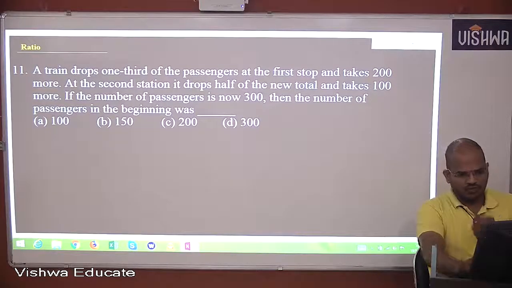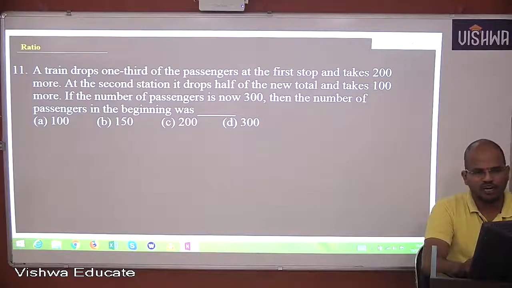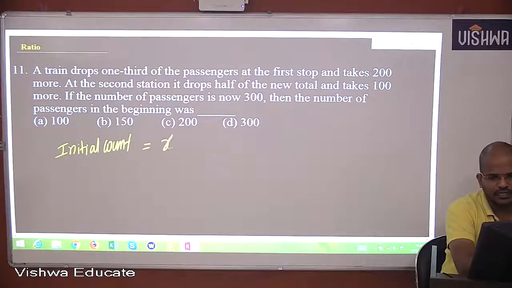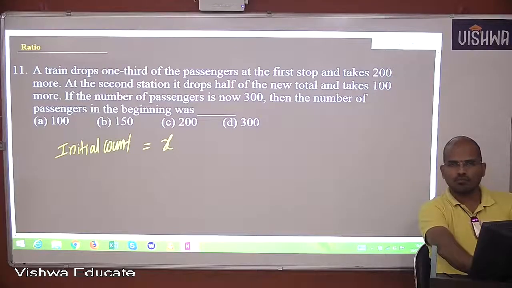So the first statement is, a train drops one-third of the passengers at the first stop. Let the initial count be x.